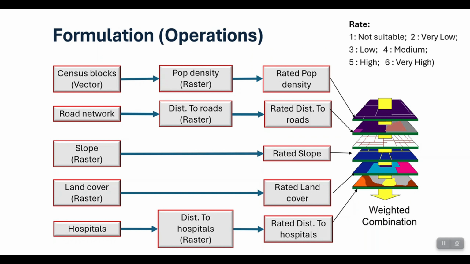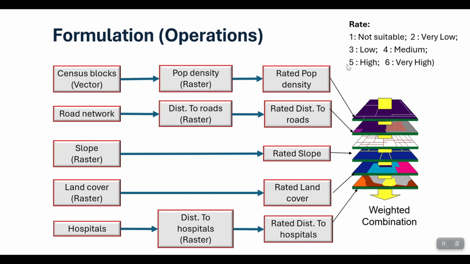What happens in the reclassify function? We reclassify these raster values based on a common scale. For example, if we have a higher population density, we will reclassify it as a 6. The highest population density is better.